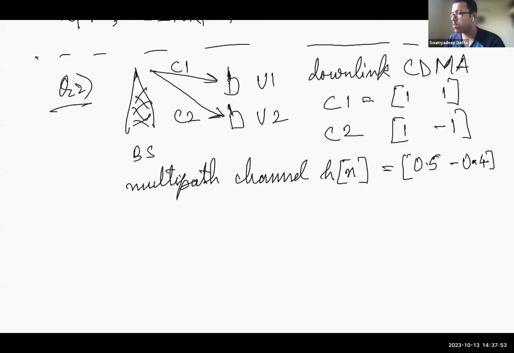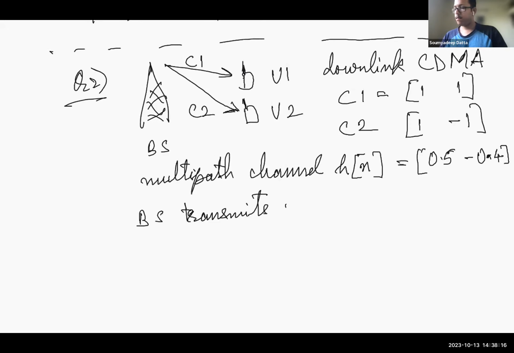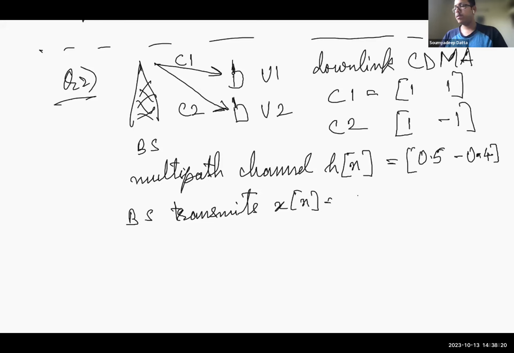Now let's say the base station transmits x[n] equal to C2, which is 1, minus 1.